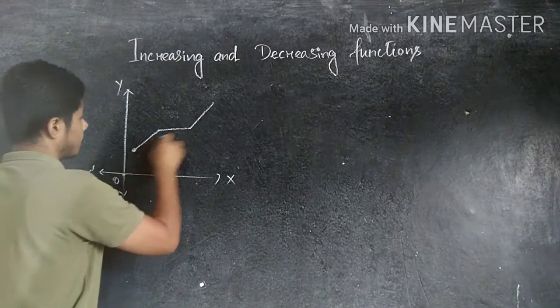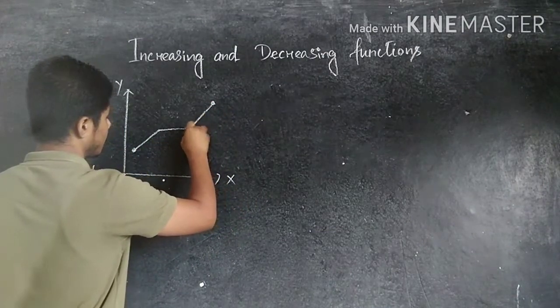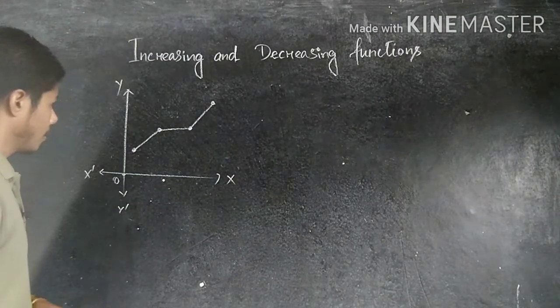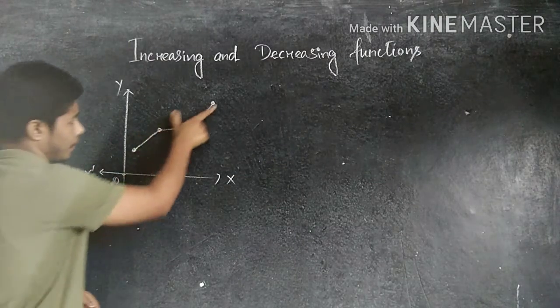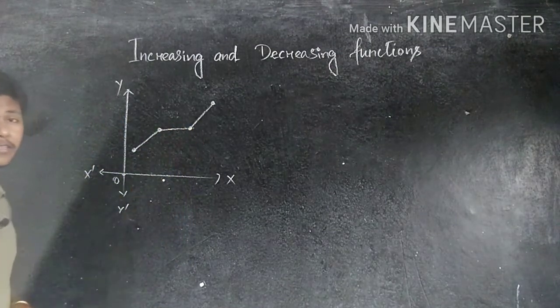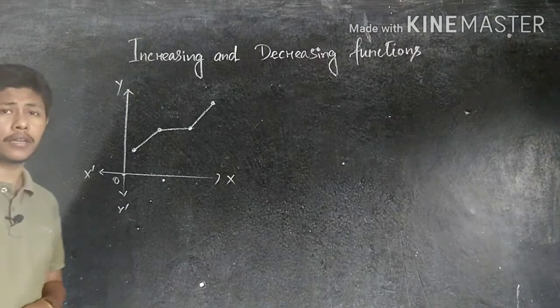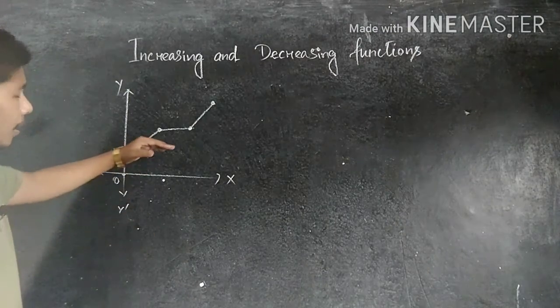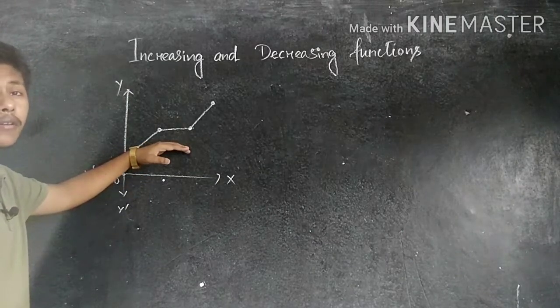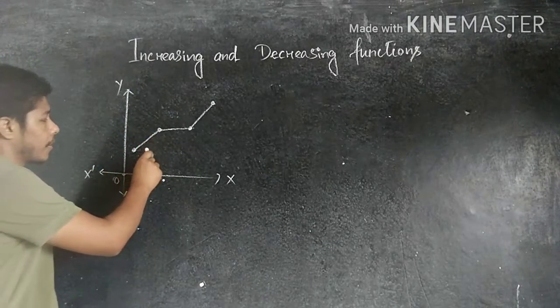If you see here, no doubt the graph increases, but at some place the values are the same, is it not? So in this case, what condition do we get? Two conditions we get.